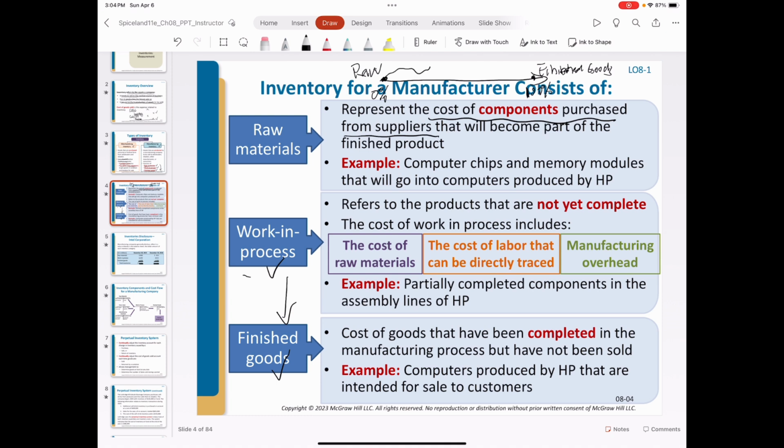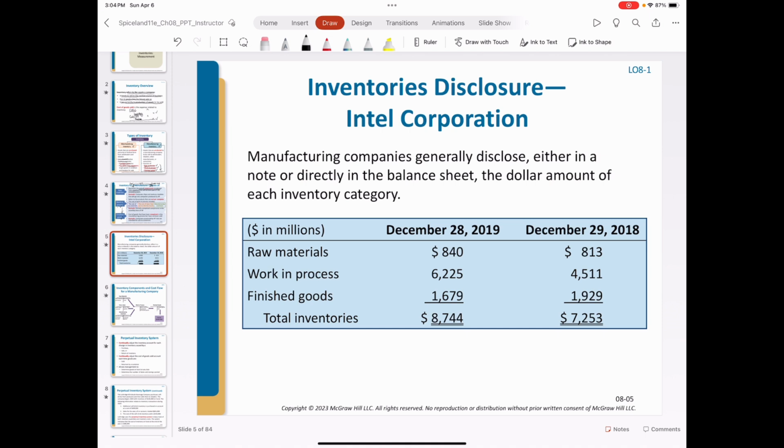Then there is work in process. Work in process is not raw material because it is in production, while it is not finished goods because the production procedures are not 100% complete yet. So companies, especially manufacturers, report their inventory in three different accounts or layers.